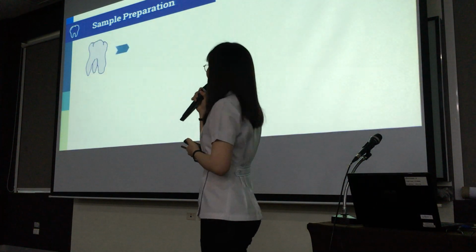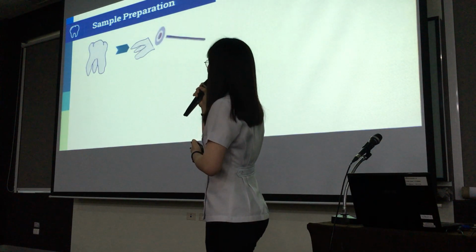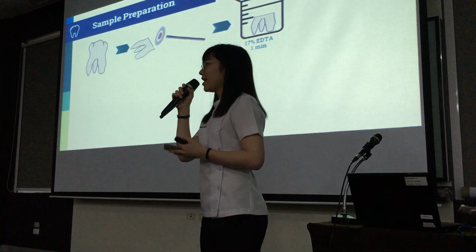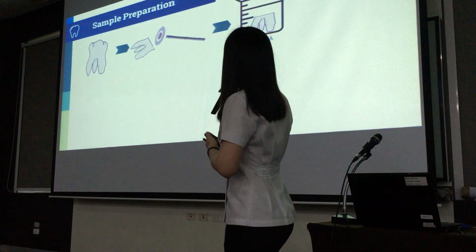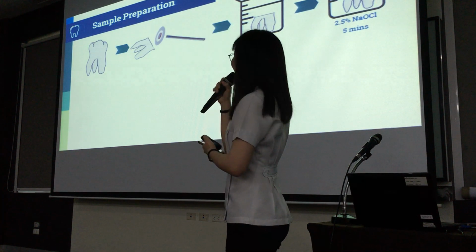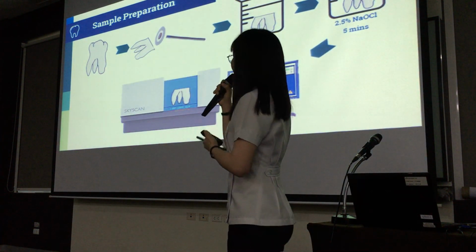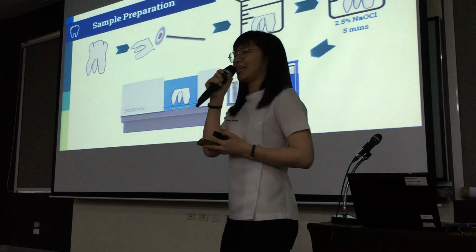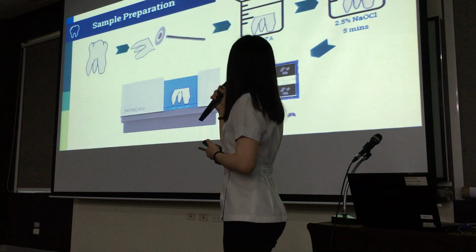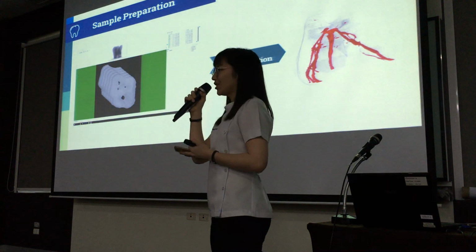Then the teeth were cut 2 mm coronal to the CEJ. The smear layer was removed by soaking with 17% EDTA and 2.5% sodium hypochlorite. Then the teeth were scanned by micro-CT. After that, it was 3D reconstructed.